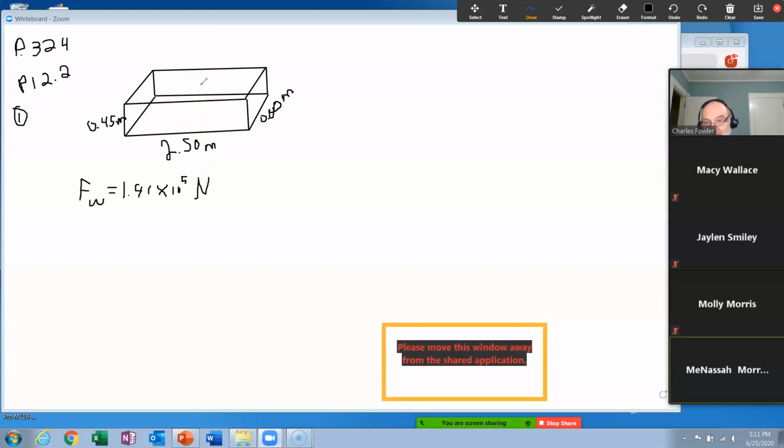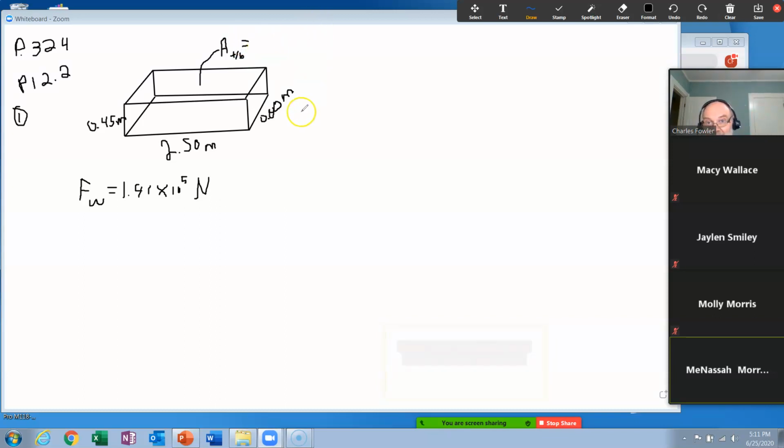First, the area of the top here and the bottom. I'm just going to call this area of top and bottom, T/B. That's what that stands for, top and bottom, is multiply the 2.5 by the 0.8.